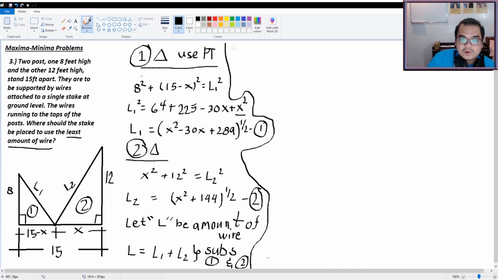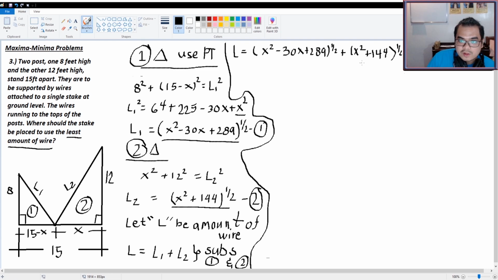So you'll have L now equal to L1, which is x squared minus 30x plus 289, raised to 1 half, plus equation 2, which is x squared plus 144, raised to 1 half.